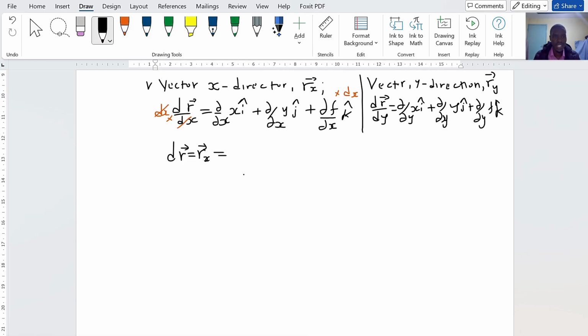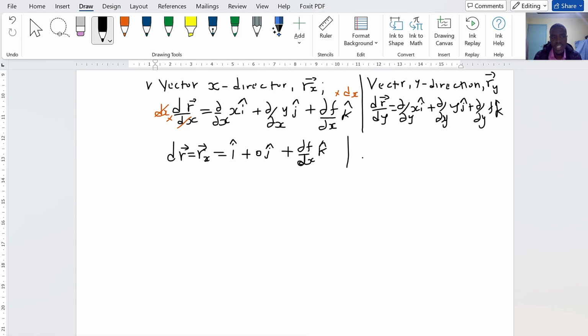Now when I do that, dx with respect to this will be 1i, so that will be i. Now plus 0j, because this is y, then plus df over dx, that is k.